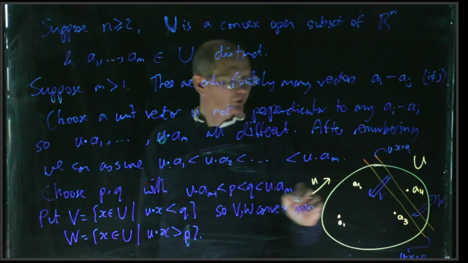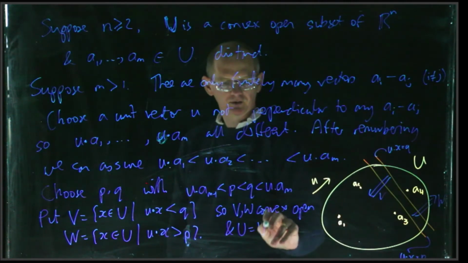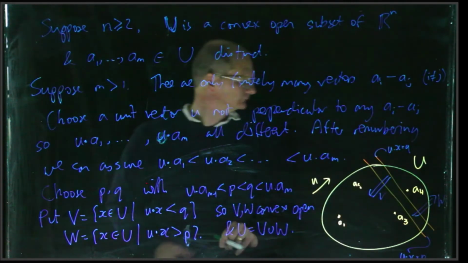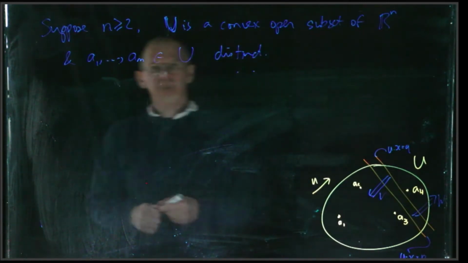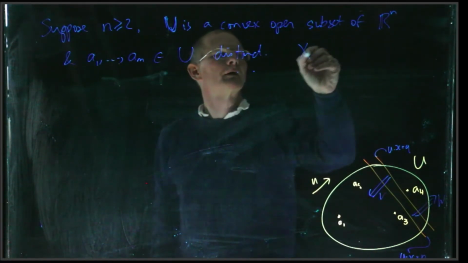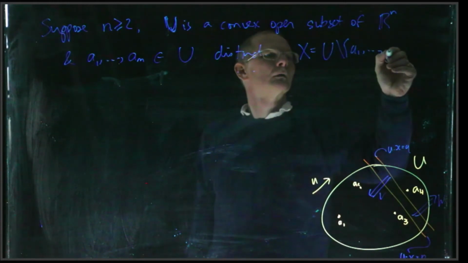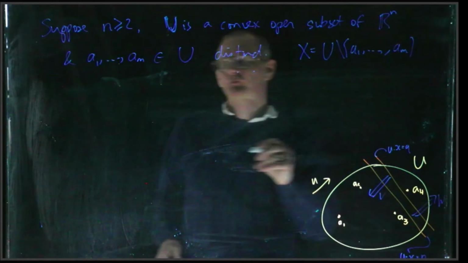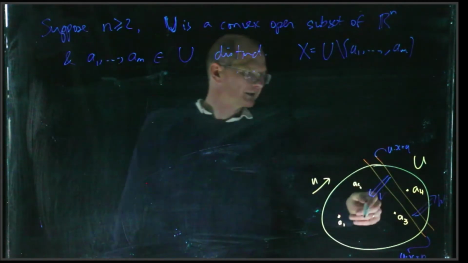These are both convex open sets, and U is V union W. So for X, we've got X is U with all these points removed, and then we've got our V and our W like this.